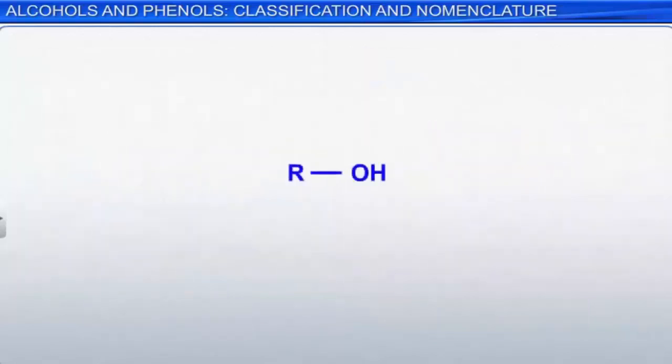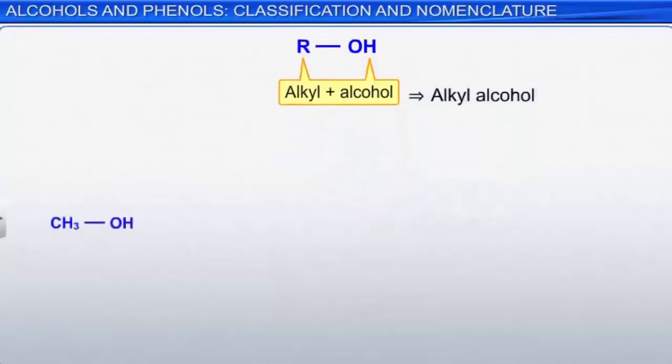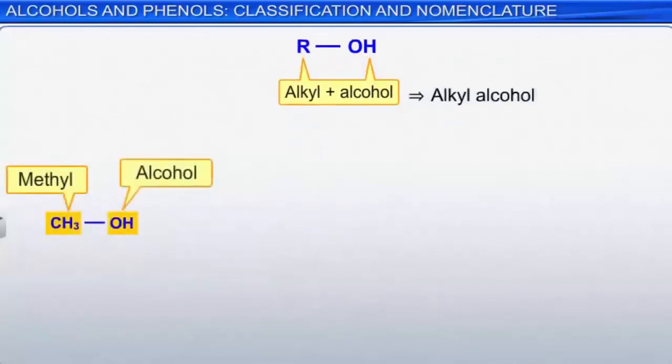Now that we understand the classification of alcohols, let's turn to their nomenclature. The common names of alcohols are derived from the name of the alkyl group with a Y-L ending, plus the word alcohol. For example, the alcohol with the formula CH3OH, shown on the left, is commonly called methyl alcohol.